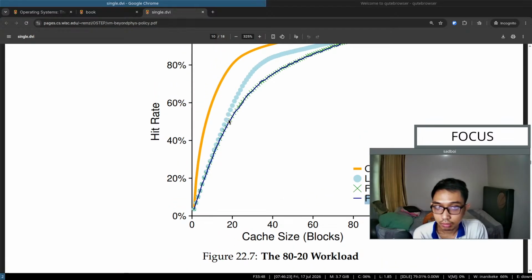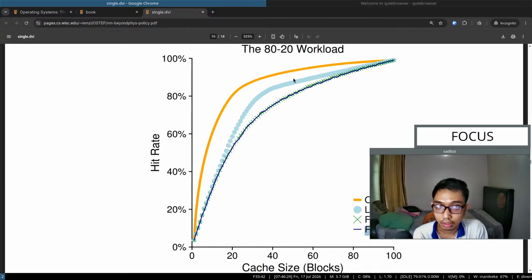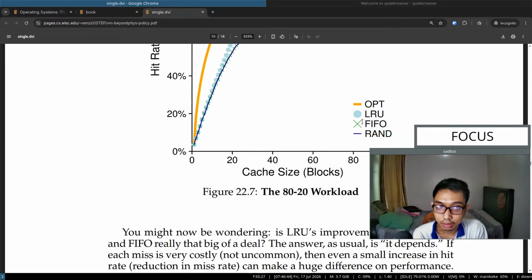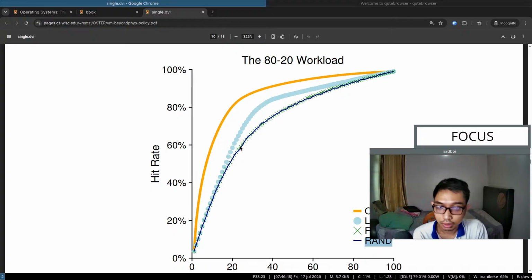But then as we fill up the cache, the LRU performs significantly better, I guess. And yeah, it's kind of interesting that FIFO and random didn't have any significant difference.